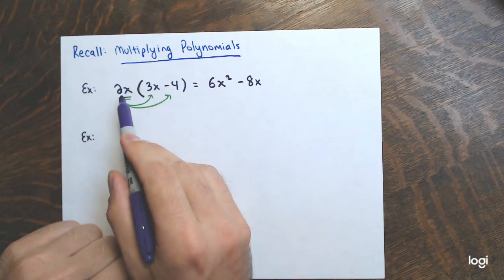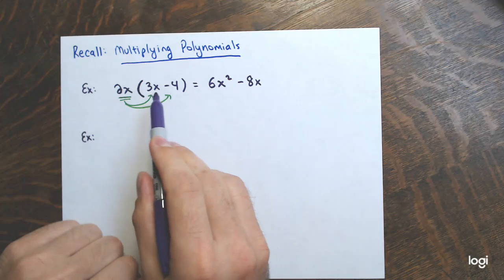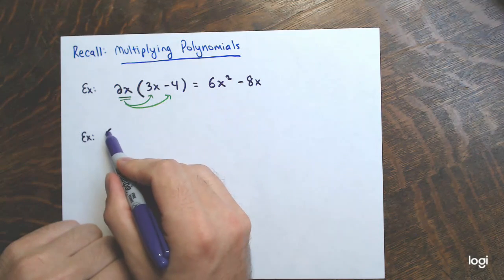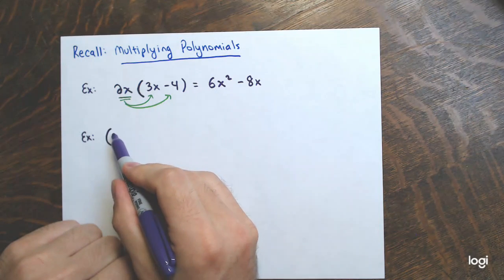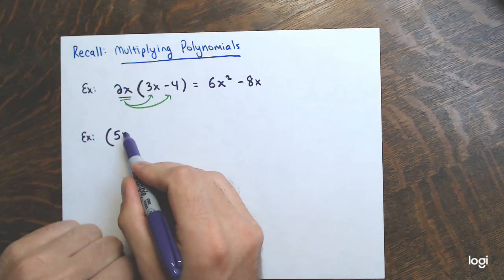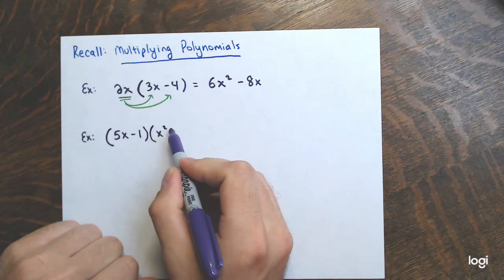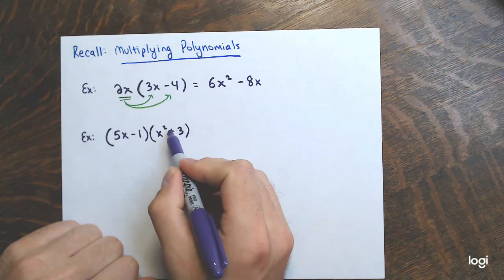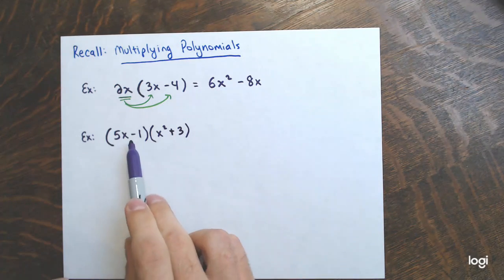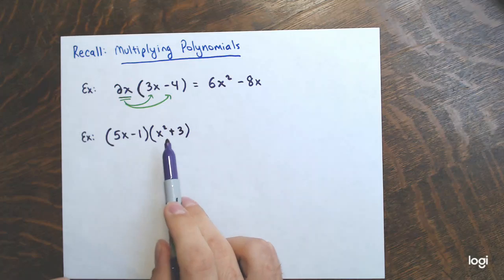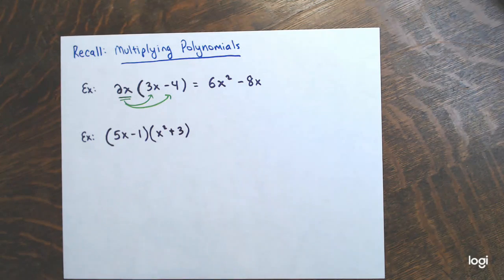Another example, that was a monomial times a binomial. How about the product of two binomials, say 5x minus 1 multiplied by x squared plus 3 or something, right? Two terms in this polynomial times two terms in this polynomial, and the same principle held.